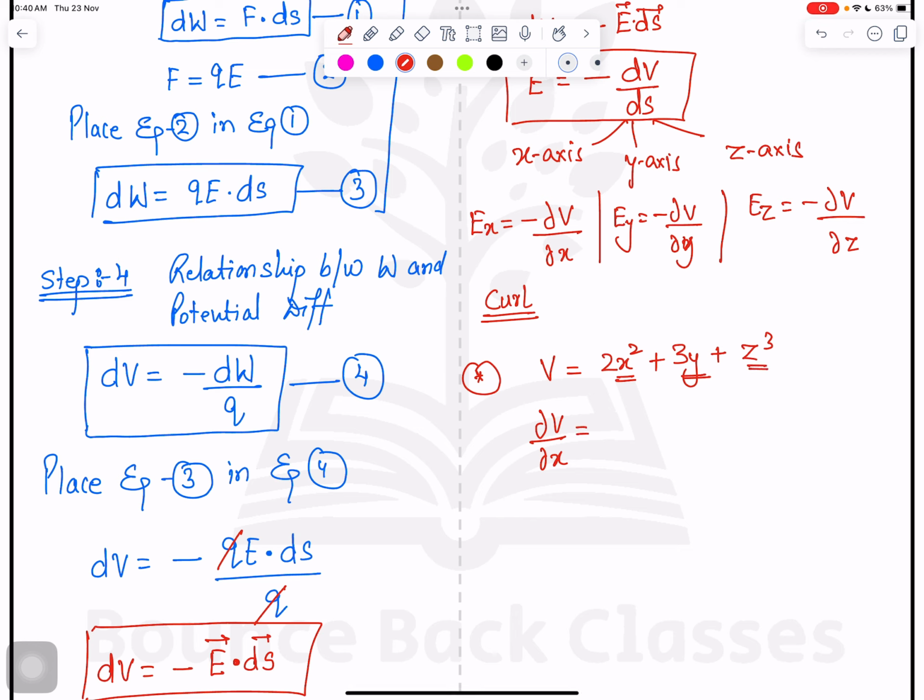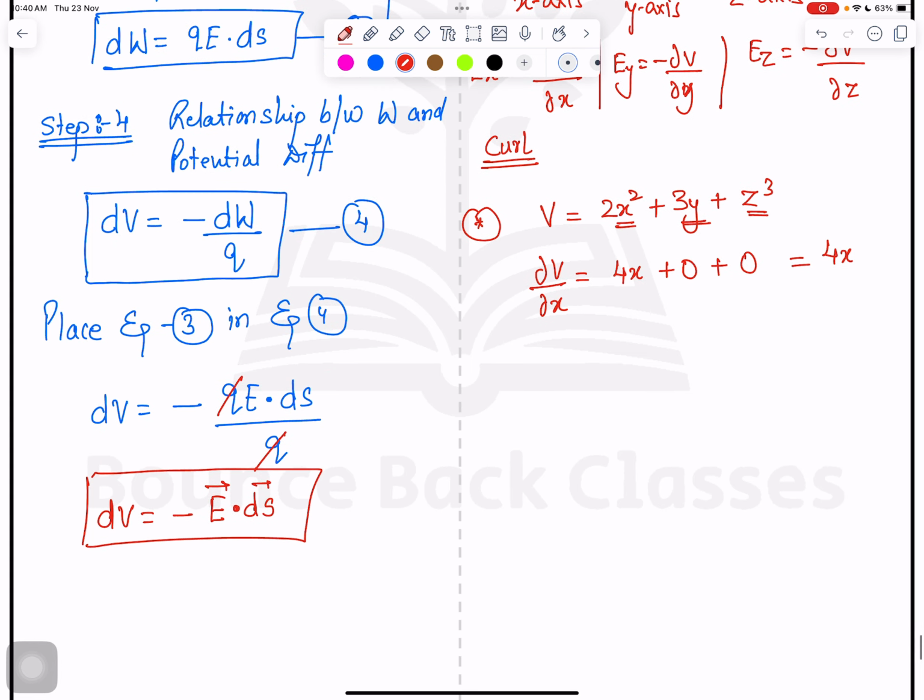For 2x square, it becomes 4x, 3y becomes constant, 0, z cube becomes 0. So the value is 4x. Similarly, when you solve curl V over curl y, the x term becomes 0, 0 plus 3 plus 0. When you solve curl V over curl z, 0 plus 0 plus 3z square. Clear, guys? In this way, you can solve the partial value.